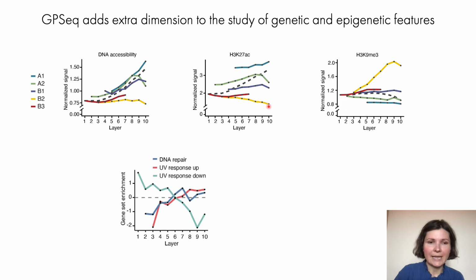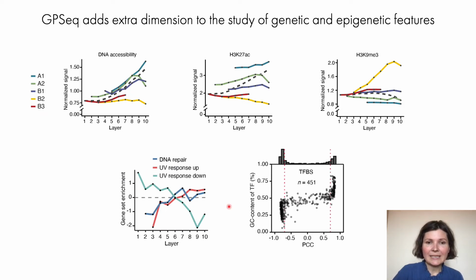What we also looked at was whether genes that belong to a common pathway show any peculiar radial behavior in their distribution. This was particularly interesting for us: genes that respond to UV irradiation, if they get upregulated upon UV, tend to cluster in the center, while if they are downregulated upon UV, they show the opposite trend, accumulating more towards the periphery of the nucleus, which we find really interesting.